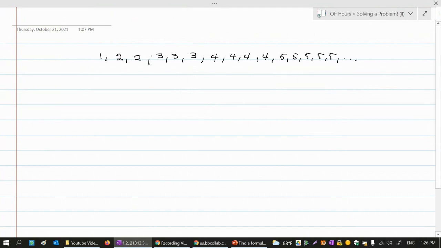And again, notice that the 1 is repeated only once, the 2 is repeated twice, the 3 is repeated 3 times, the 4 is repeated 4 times, the 5 is repeated 5 times, and so forth. We can expect the 6 to be repeated 6 times, then 7 times, and so forth.